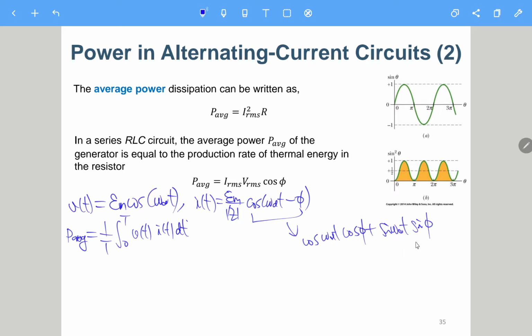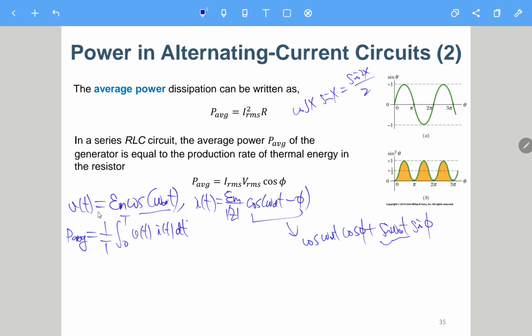But for the other term, we have sine omega dt times cosine omega dt, and cosine x times sine x is half of sine of 2x. If you integrate this over a period, it is 0. So we have an additional factor cosine of phi here for the RLC circuit.